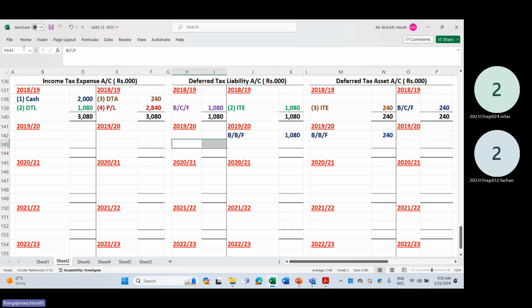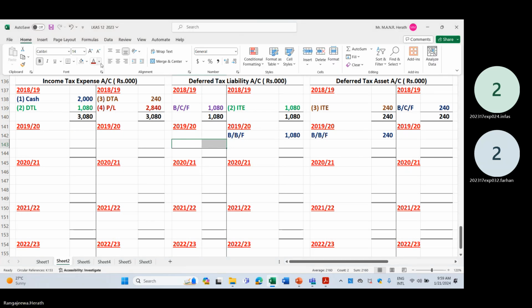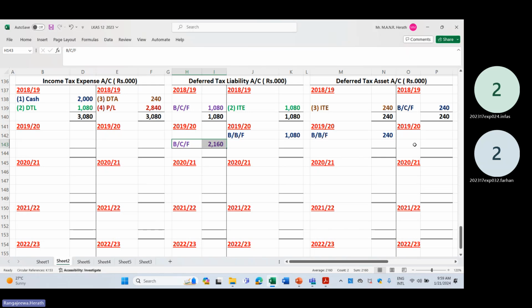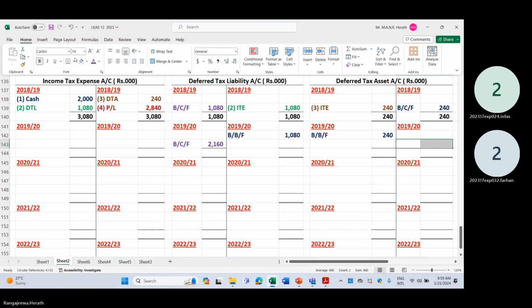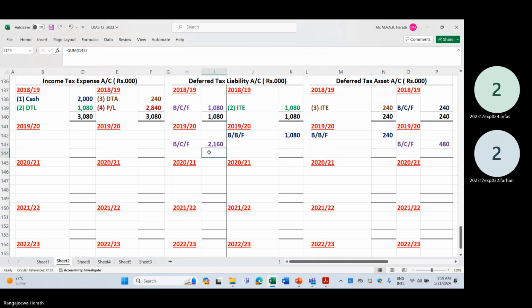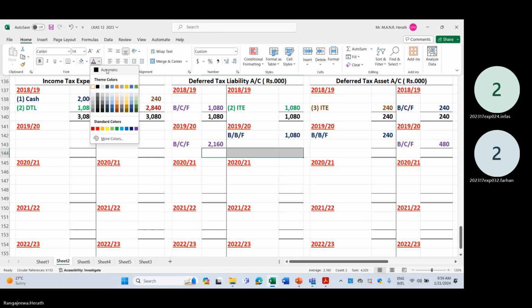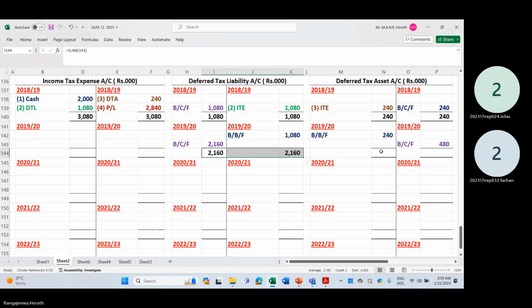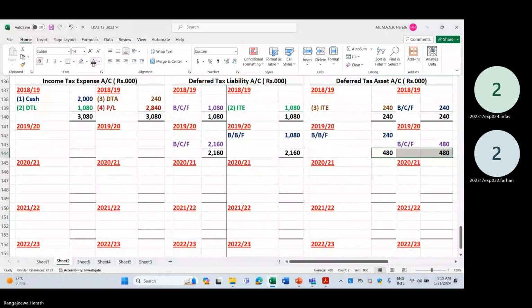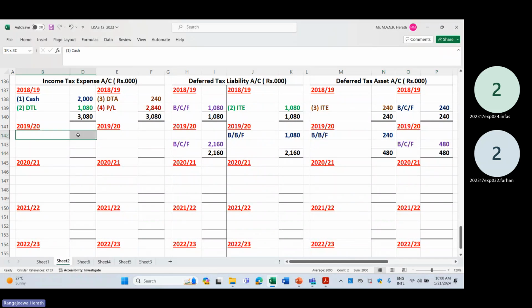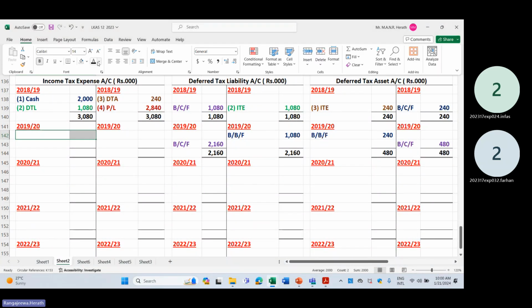Second year deferred tax liability increased to 2,160. Deferred tax asset increased to 480. So the second year creation of deferred tax, same as previous year. In the second year the tax payment has no change, it is 2,000.